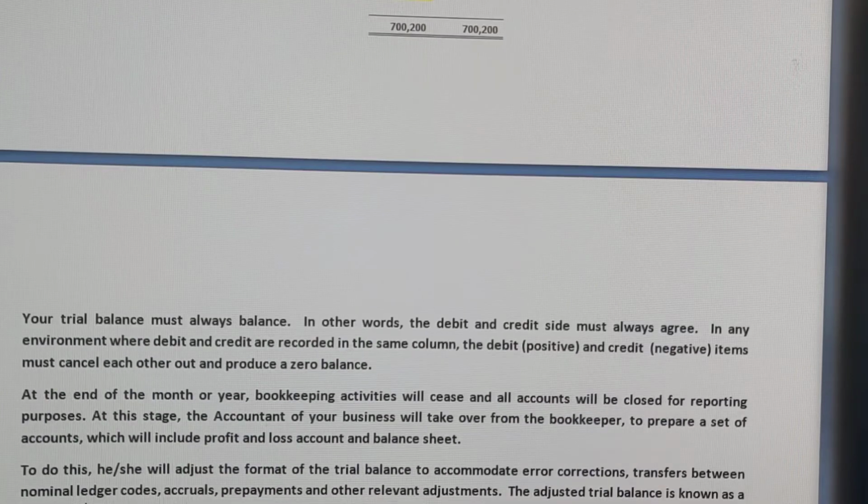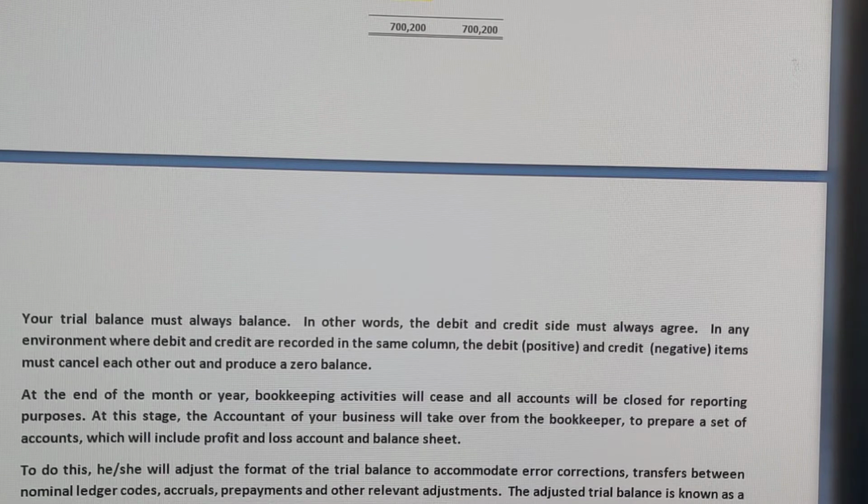Now, before proceeding to that stage, he or she will need to adjust the format of the trial balance to accommodate error corrections, transfers between nominal ledger accounts, accruals, prepayments, and other relevant adjustments.